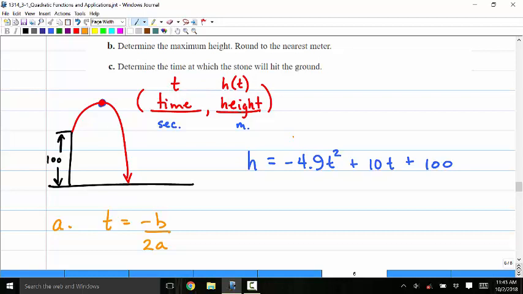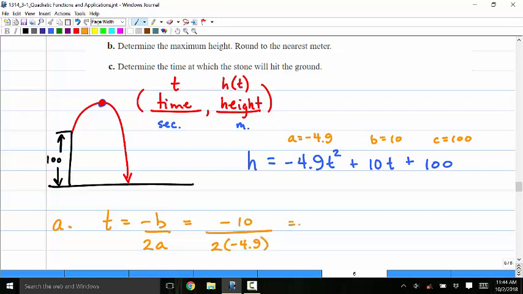What is our A? Negative 4.9. What is our B? And what is our C? So to find the x coordinate of our vertex, I'm going to do negative b over 2a. So negative 10 over 2 times negative 4.9.